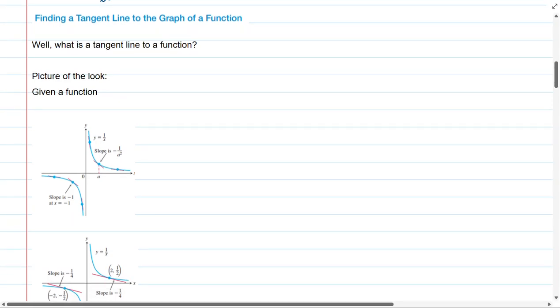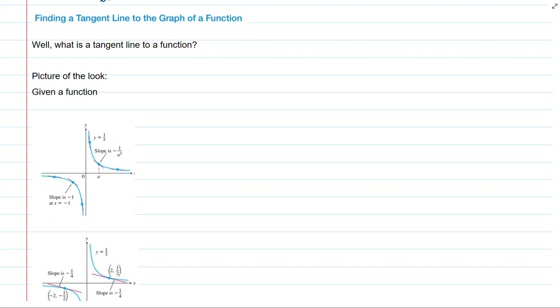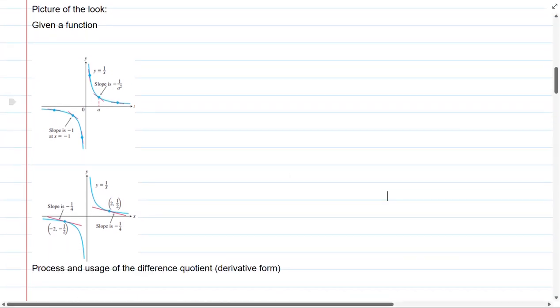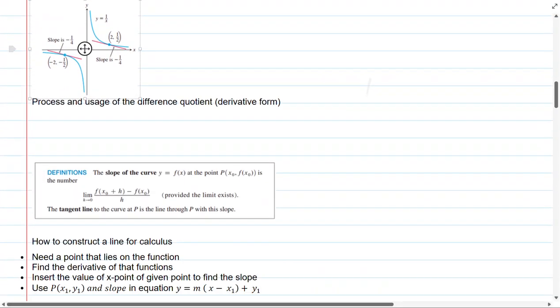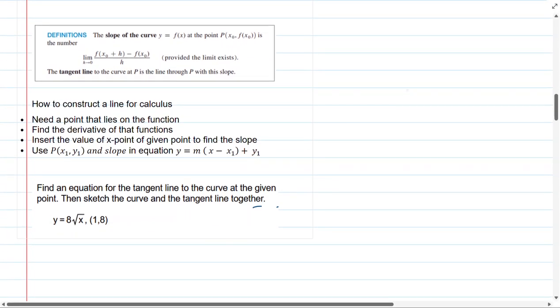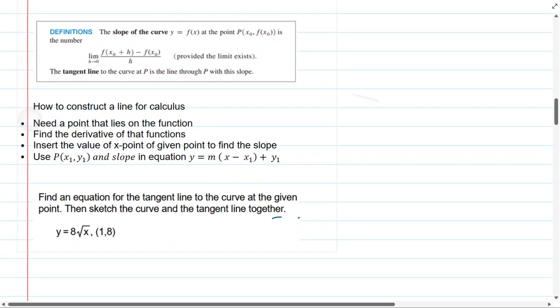Okay, so here we have a rational function, 1 over x, and the slope at a is negative 1 over a squared, which is going to be this slope here. This is negative 1 over a, and here the slope is negative 1. And they're just showing you how to do the tangent line at a given point as a process. But what we're looking at is the following.